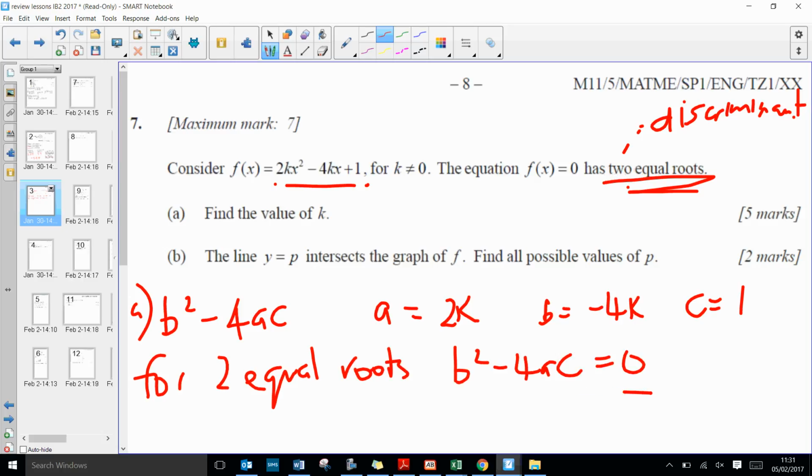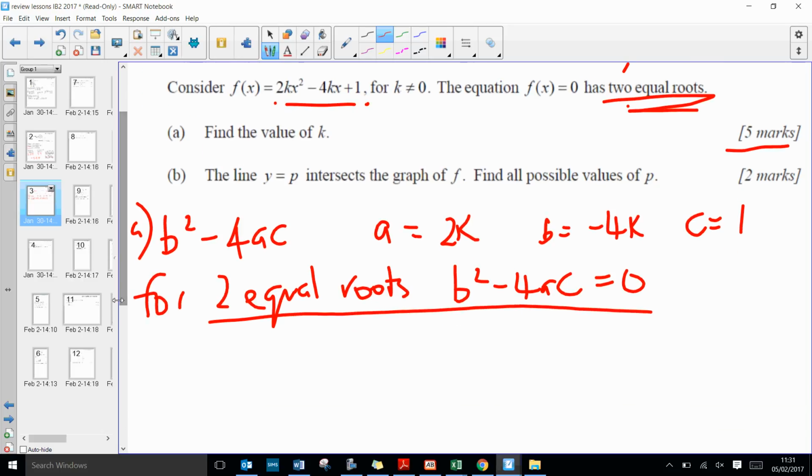It's worth making these statements. It is worth 5 marks total, so you may well get something for writing that. Lots of people, when it comes to the exam, forget to write this part when it comes to doing the working. So please don't do that, because if you are missing it, you probably won't get any marks.